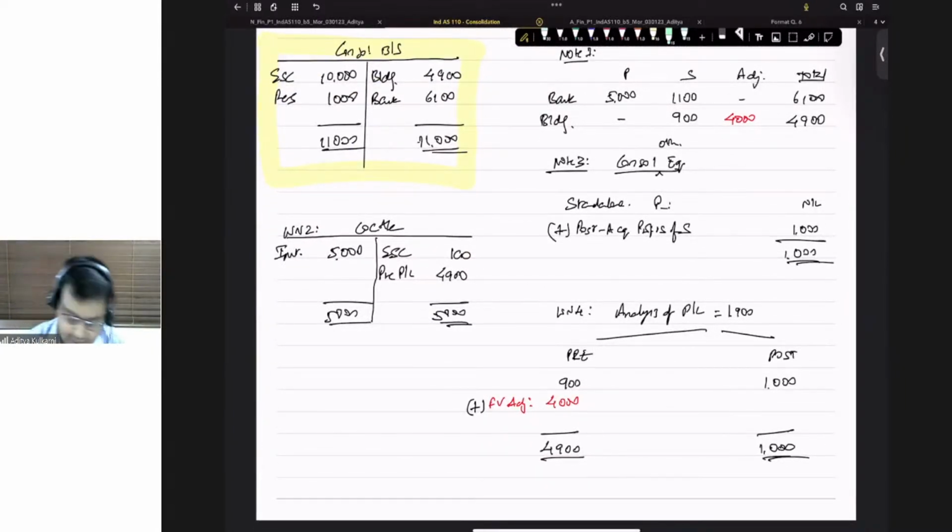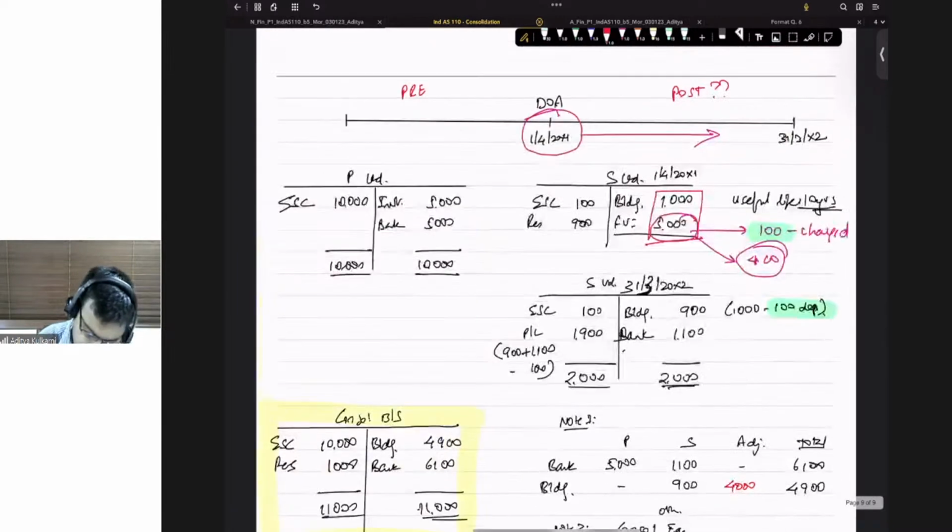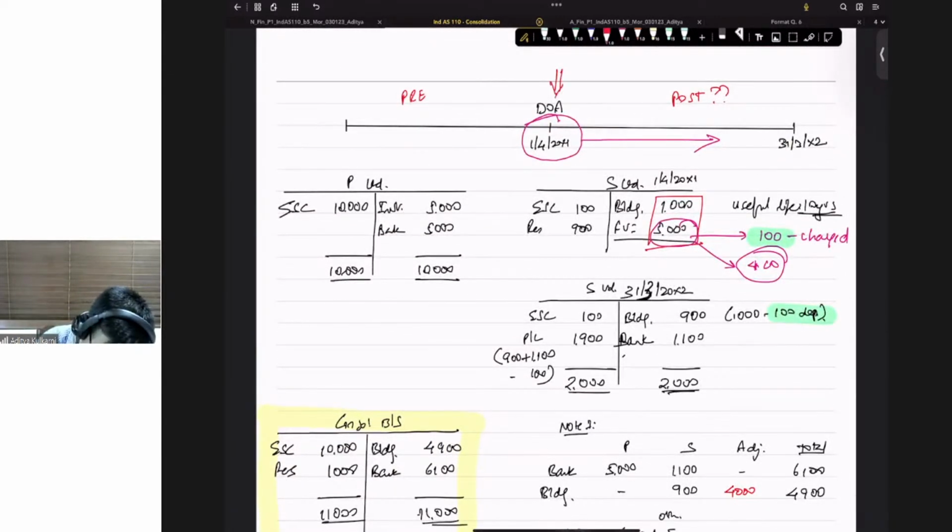Fair value is on the date of acquisition. Tell me, if there is a fair value increase on date of acquisition, when was the asset acquired? Sir, asset तो पहले लिया होगा ना.